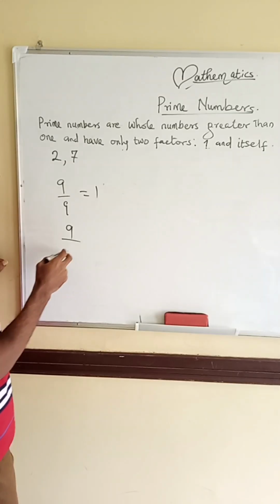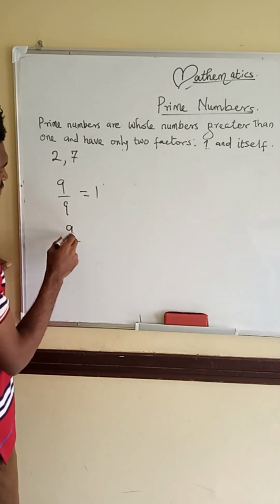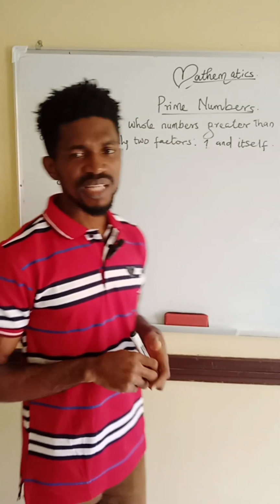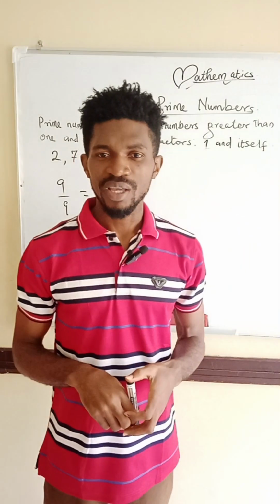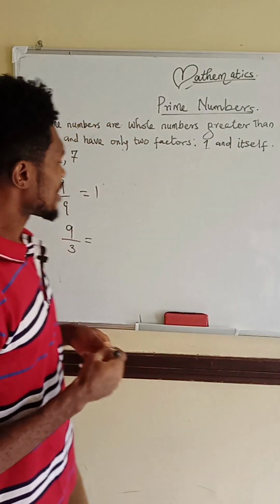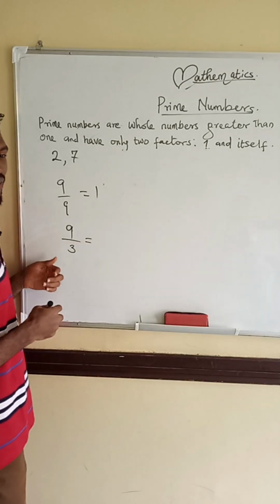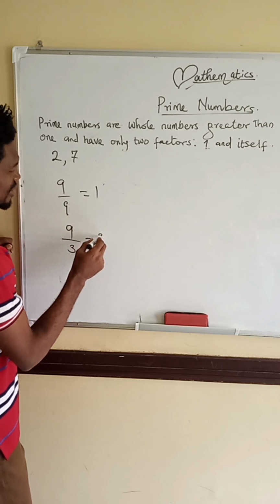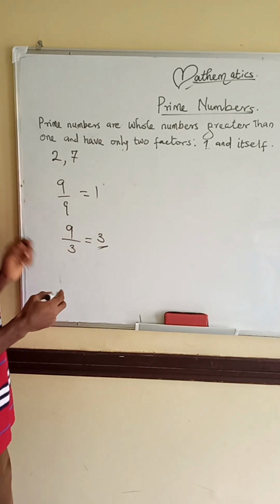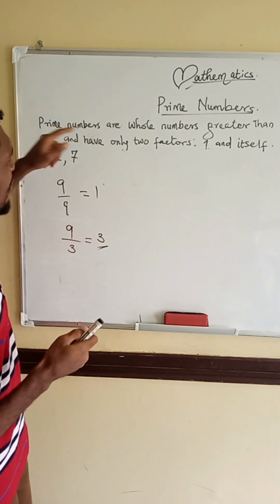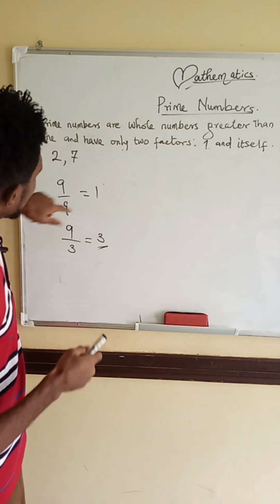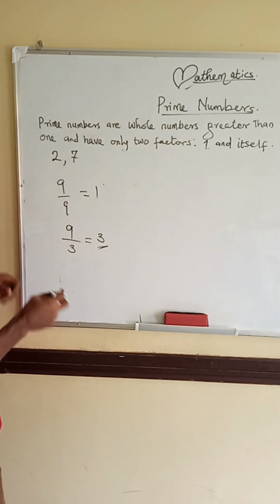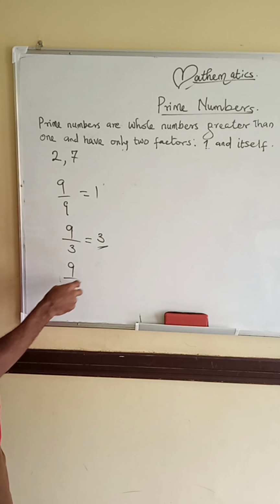So we go to the next number, 3. 9 divided by 3 is what? If you go to your times table, or use your calculator, you find out that 3 can go into 9 three times. For the fact that it has another factor other than 1 and itself, which is 9, that means it has more factors. That means it's not a prime number.